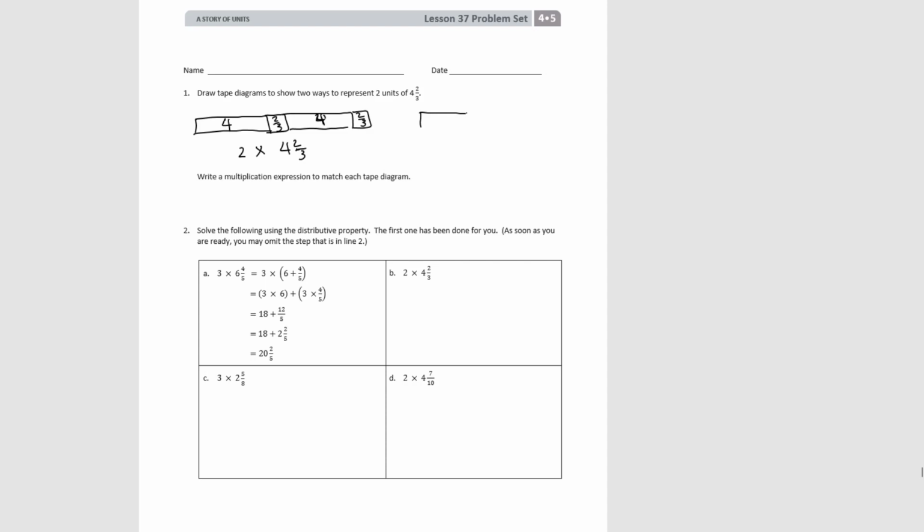The other thing we could do is show the tape diagram by units. We're going to do 4 2 times and 2/3 2 times. And the multiplication sentence for this would be 2 times 4 plus 2 times 2/3.